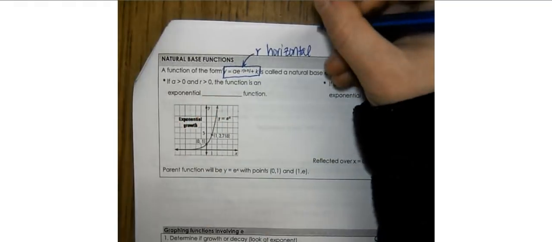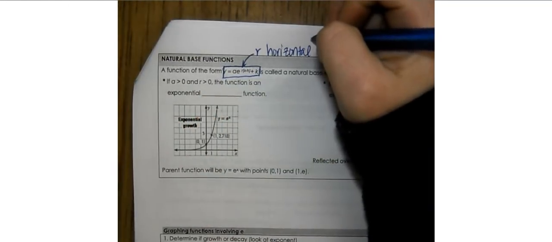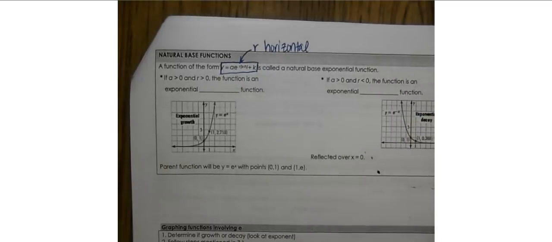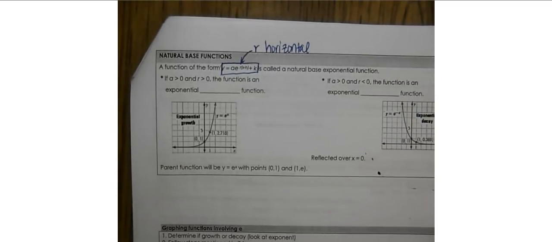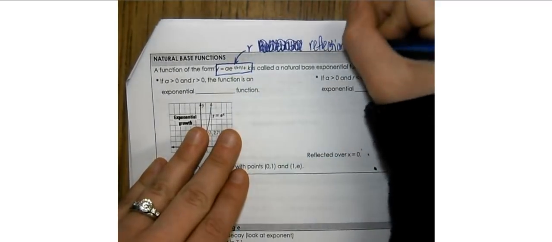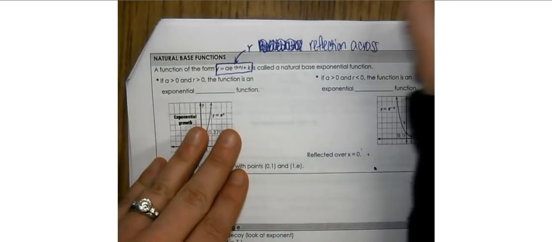The r indicates a horizontal reflection, which I'm going to call a reflection across the y-axis. That makes more sense.